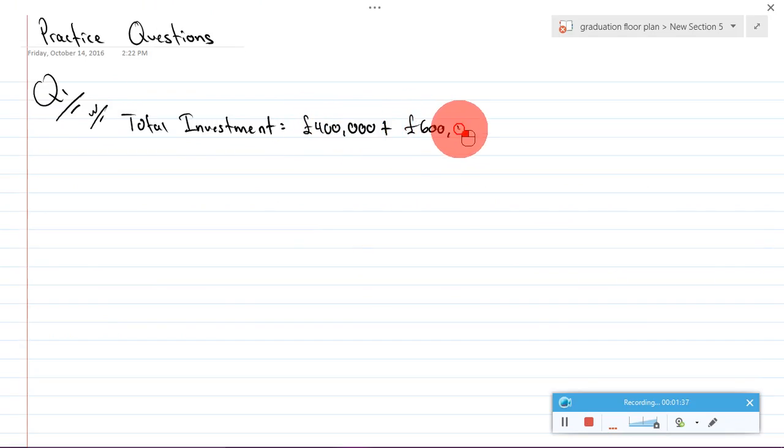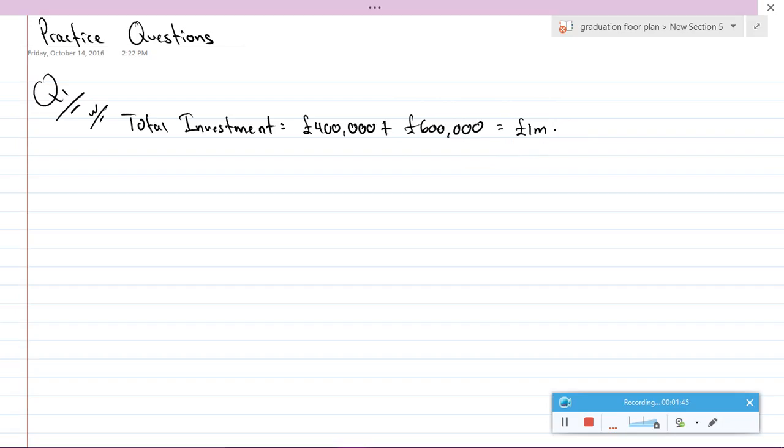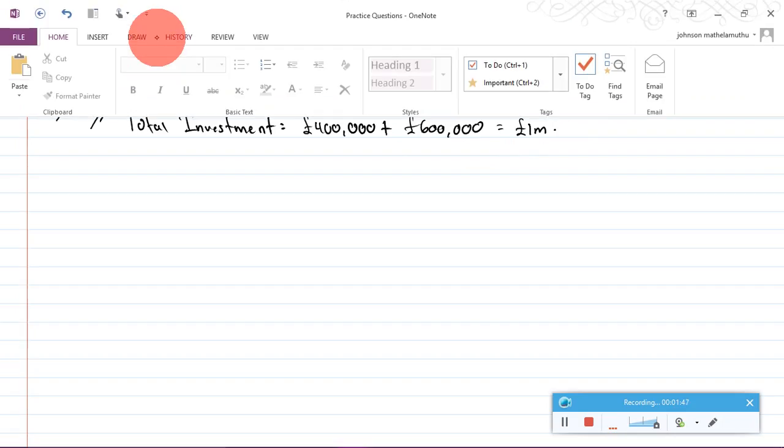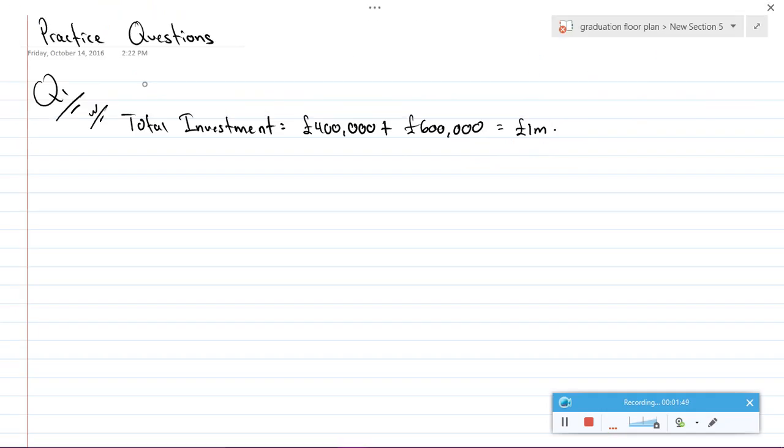Remember, this is for the hotel. This is for another 2 projects. So that is the one we're going to decide which of the project, correct? We have 2 projects for the 600,000, but we only can choose one of the projects.